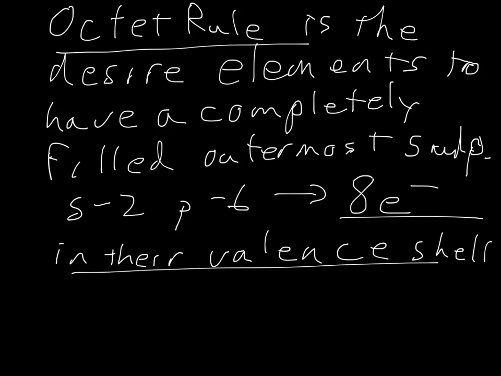How different elements obey this Octet Rule is going to differ. That, too, bears reminding. We're going to look at the different groups on the periodic chart real quickly. It turns out that elements in group 4A attempt to achieve the Octet Rule by forming 4 bonds.